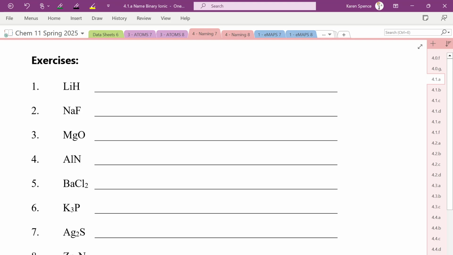The numbers don't matter. Okay, the numbers do not matter. I don't care that there's a 3 here. It's still just potassium. No numbers, no Roman numerals yet. We'll learn about those later, how to figure them out. Okay? The numbers don't matter for the name.